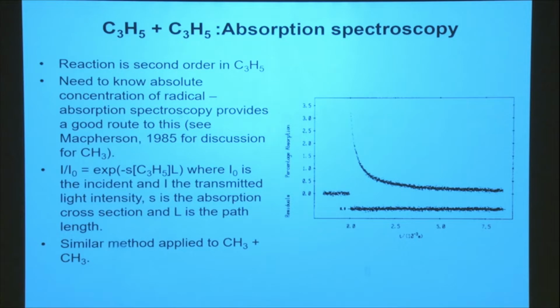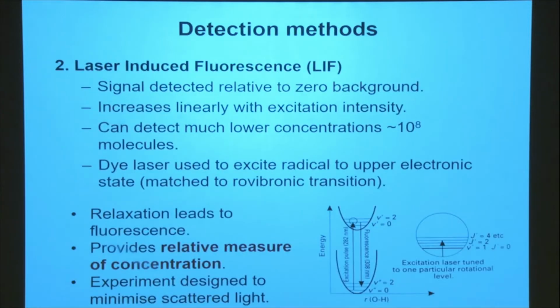Because the reaction is second-order in the species, we need to know the absolute concentration of the radical in order to be able to back out the rate constant. So we'll see in a minute that for pseudo first-order rate constants, that's not the case. We can use a different method, even using relative signals. But for second-order reactions, we need the concentration in order to be able to back out the rate constant here.